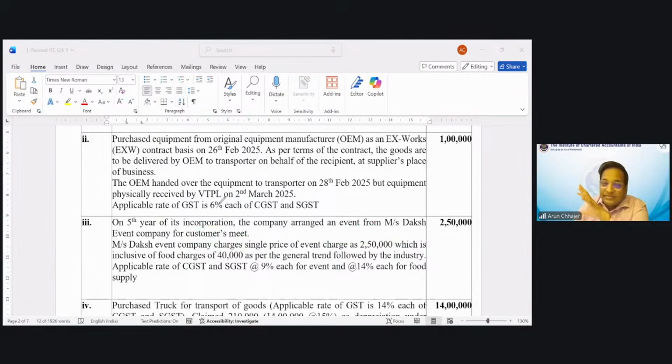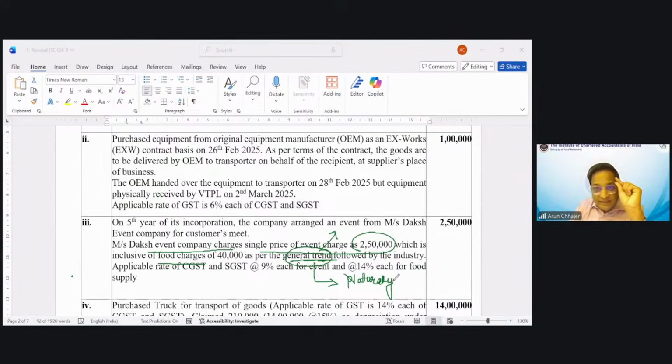So if I am saying that it is a general trend, what does it mean? अच्छा, एक बात बताइए मुझे, Daksh Event Company charging single price for the event as 250 inclusive of the food, and this is the common practice adopted in the industry. Can't we say by the word general trend, it is naturally bundled?